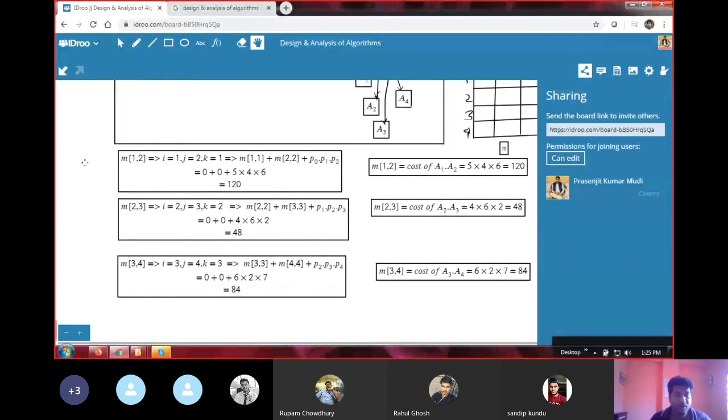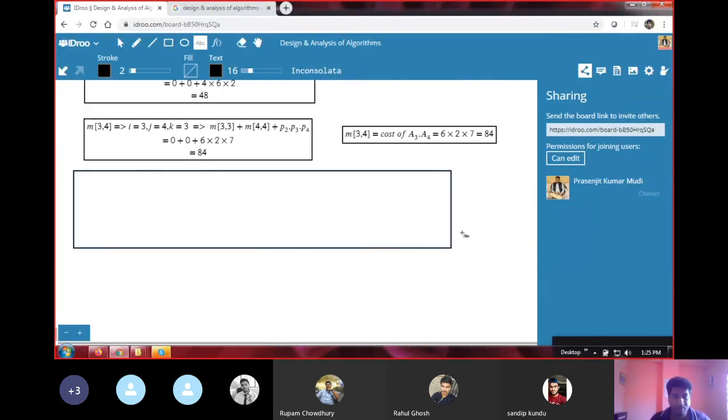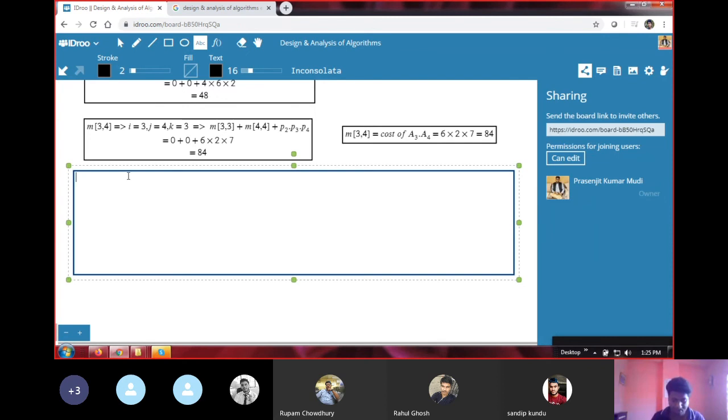Next we will go for length L equal to 3.